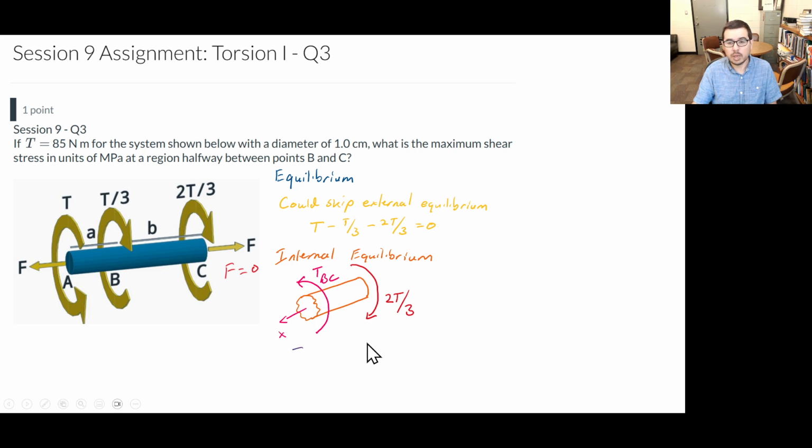We can perform equilibrium, considering the summation of the torques about the x-axis to be equal to 0. And so we see that TBC is equal to 2T over 3. That is what is being applied on this end, and like we said, it's constant.